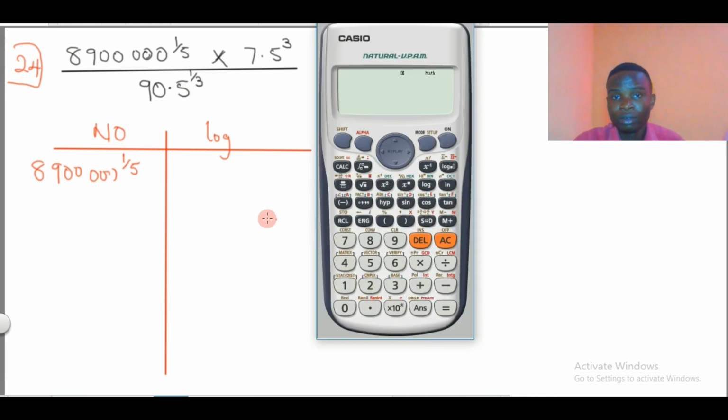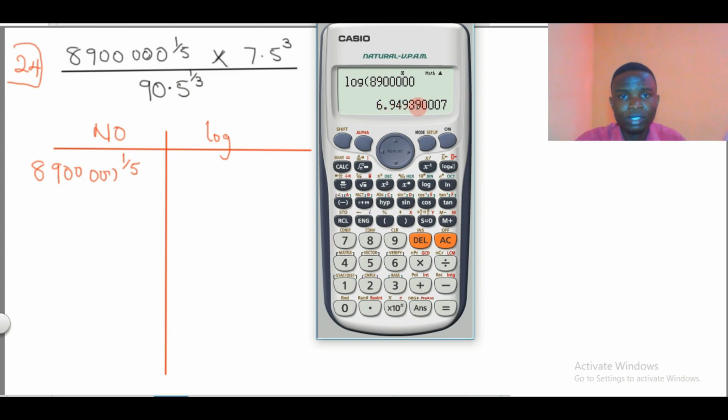So I'll bring out my calculator and look for the log value of 8,900,000. How do I get the log value? I'll come to my calculator, press log, and then press 8,900,000. So this is log 8,900,000, and that will be equal to 6.94939.